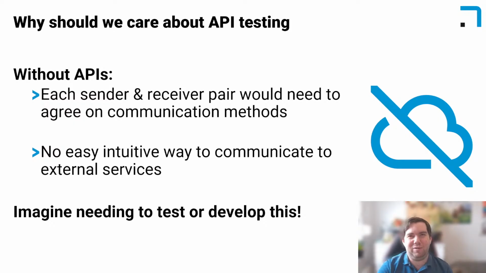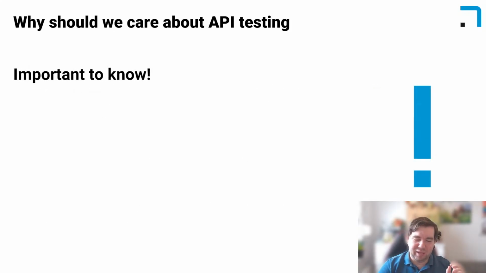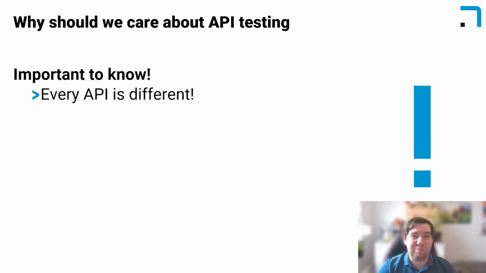But before we get too into the roots and the details of APIs, I do want to make one thing very clear. And that is that every single API is different. No matter what service we're looking at, no matter what company is behind the endpoints that we're testing or examining, every API is different, at least in some aspects, because the underlying product is different too.